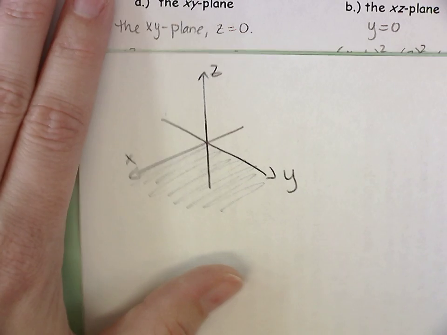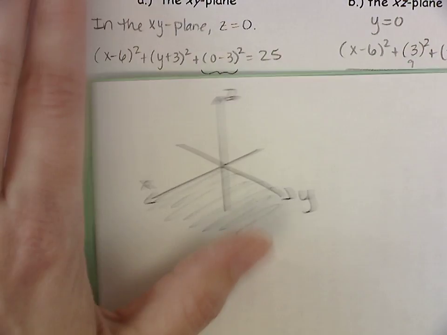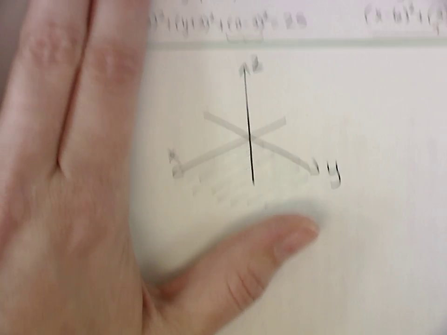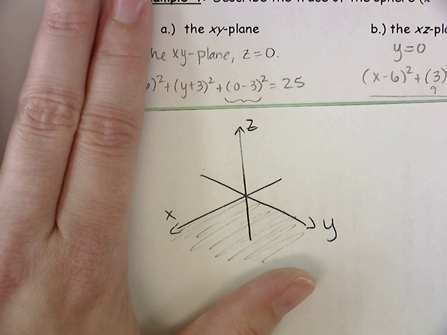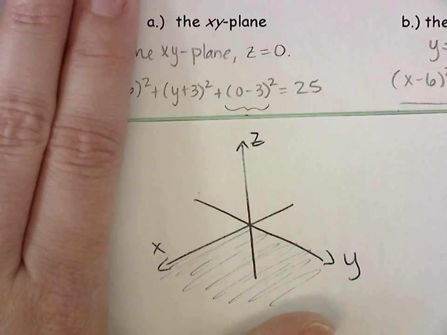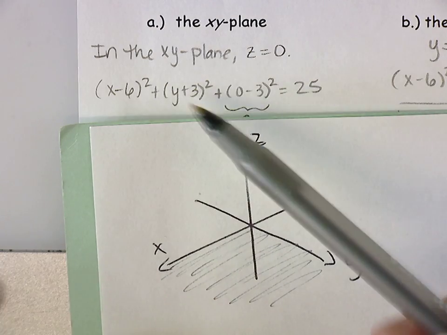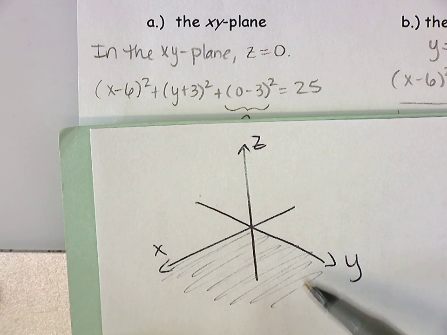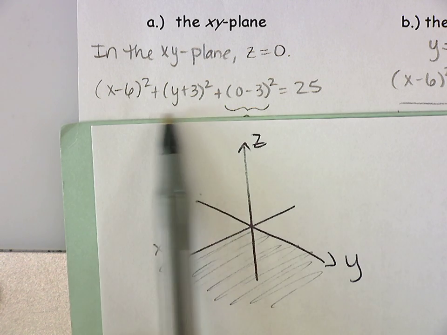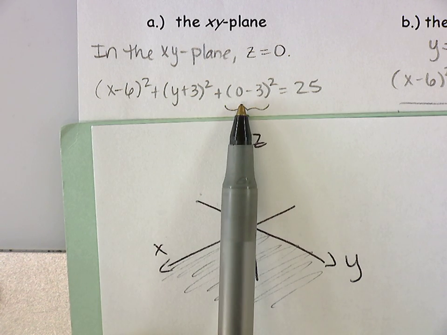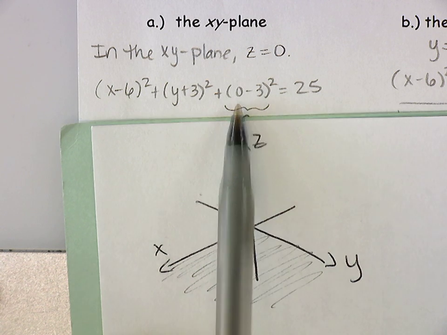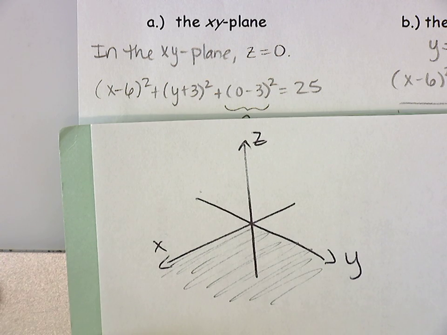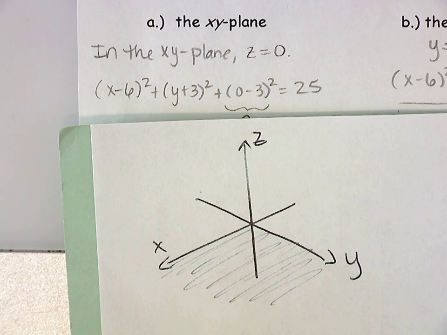So if z is going to be 0, I'm going to plug that in and evaluate. So in the xy plane, my z value is 0. So into my equation, I'm going to plug in z = 0, and then I'm going to go ahead and evaluate.